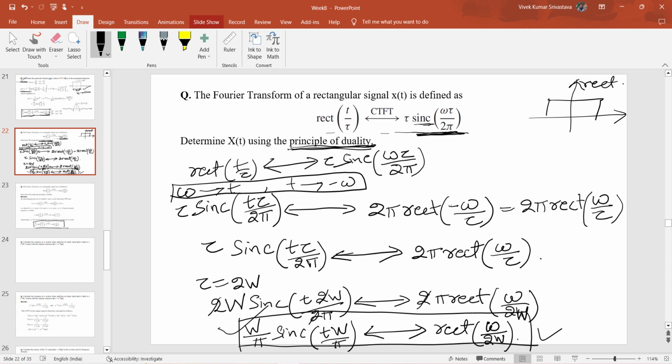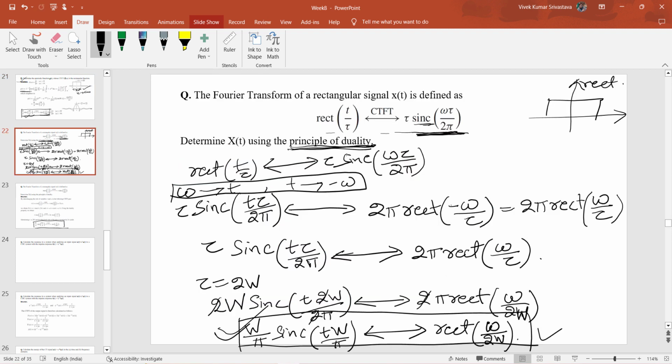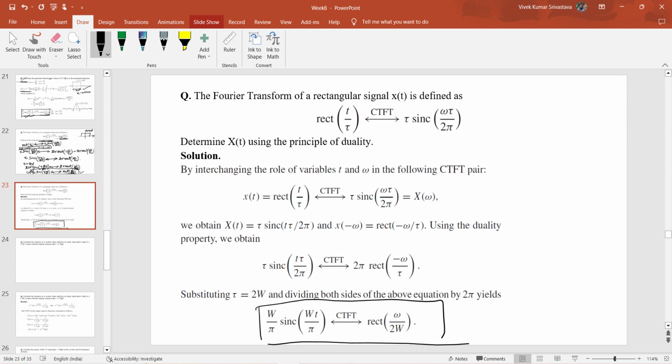So anyway, by using the property or by using the formula, you will get the same expression. So in both the methods you get the same thing. Okay, so the overall result will remain the same by using any method. So you can use either the properties or the formulas that are given to us so as to evaluate the Fourier transform. Okay, so here is the solution of the problem that we have already solved.